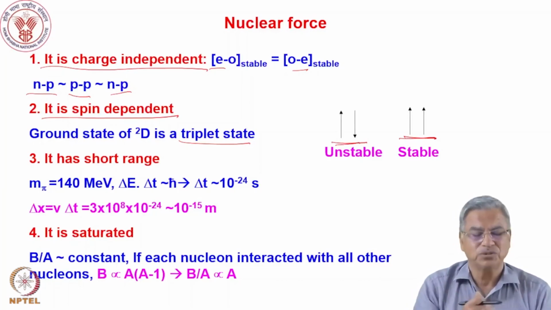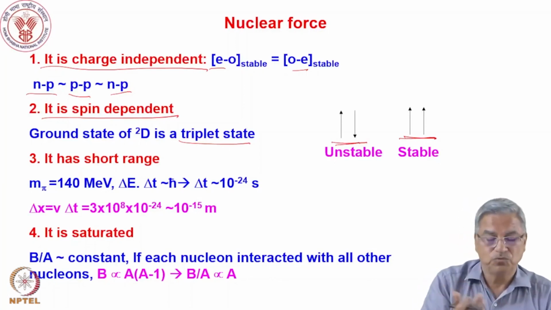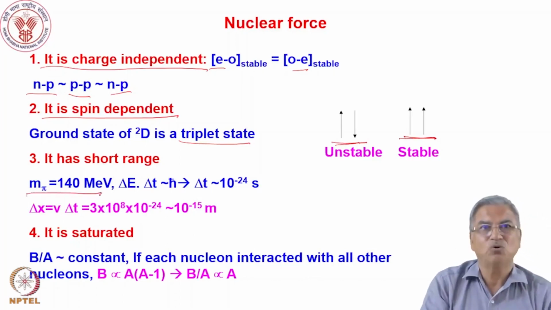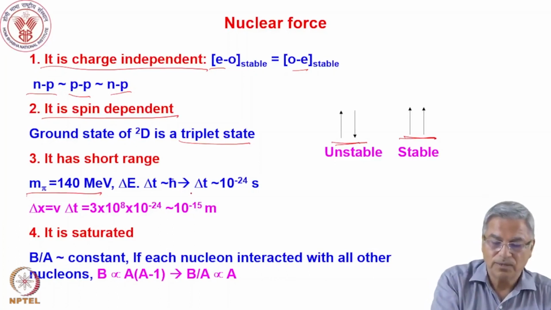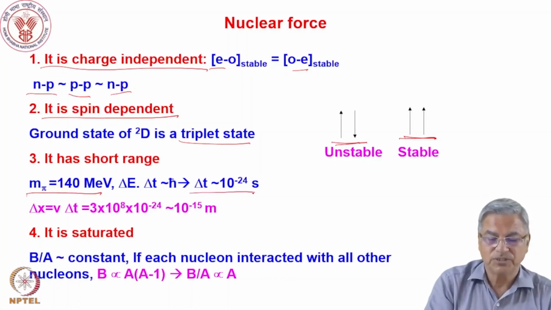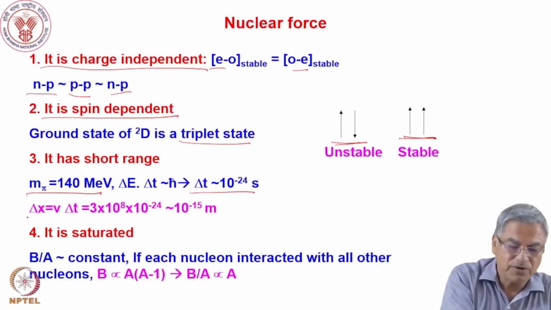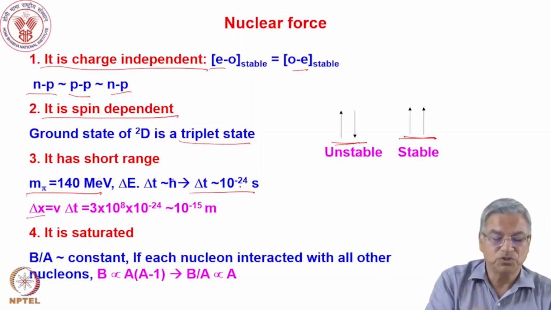The third property is that nuclear force is short range. We discussed this just now, that the pi meson has a mass of 140 MeV and survives for 10 power minus 24 seconds. So what is the range of nuclear force? It is the distance traveled by the pi meson within this time, assuming that it is moving at the velocity of light.